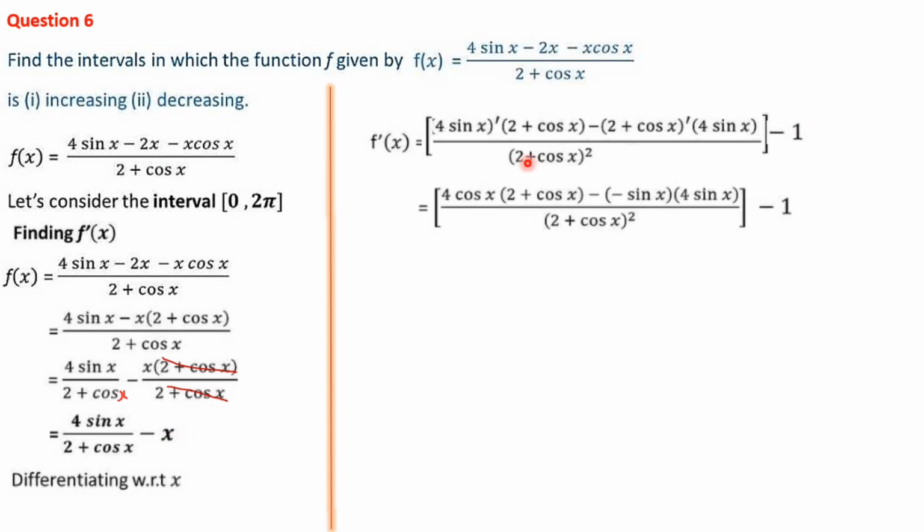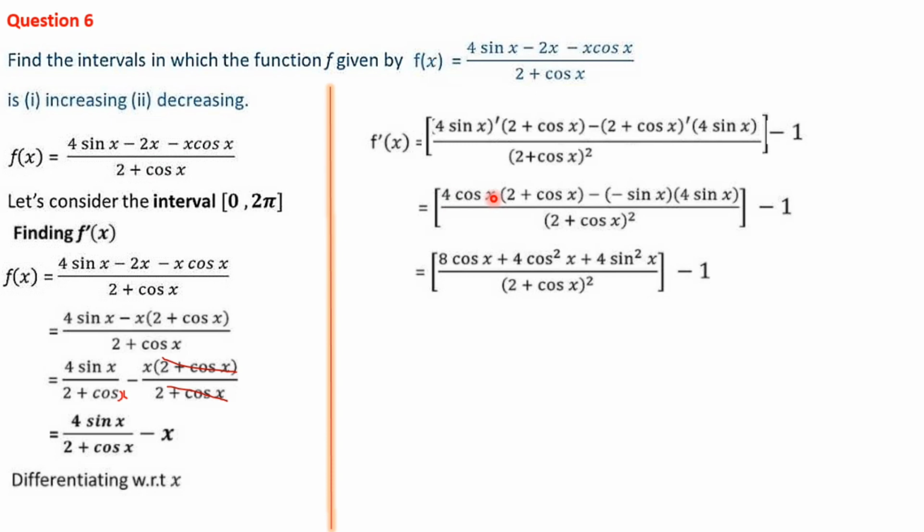Then you can do the derivation here, 2 plus cos x the whole square, then derivative of 4 sin x, 4 is a constant, derivative of sin x is cos x, into 2 plus cos x minus derivative of 2 plus cos x, means the derivative of 2 is 0 plus derivative of cos x is minus sin x. So 0 minus sin x is minus sin x into the second time 4 sin x as it is, minus 1. Then here 4 cos x into 2, that is 8 cos x.